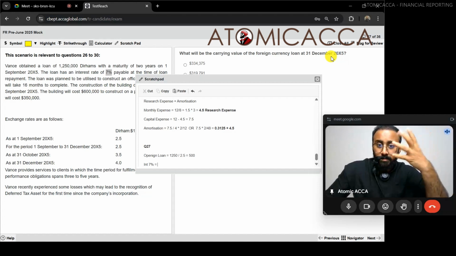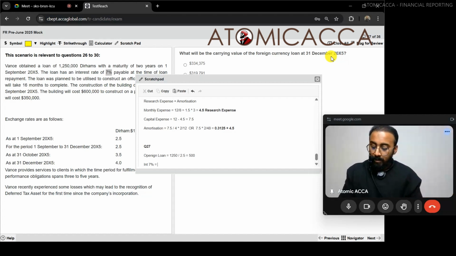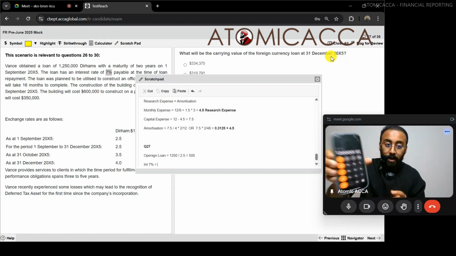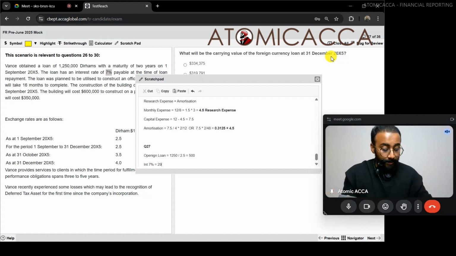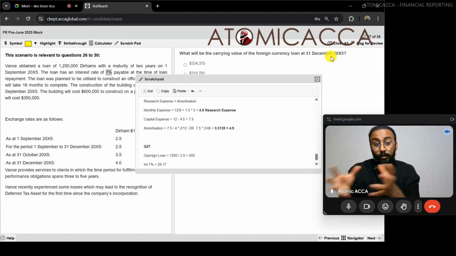September, October, November, December. It's for 4 months. So 1250 into 7 percent multiplied by 4 divided by 12, that is equal to 29.16667. So let's write 29.17. That is the SOPL item.